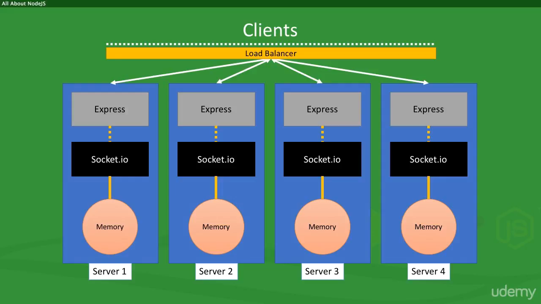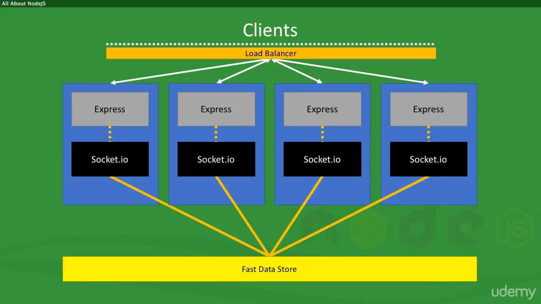This routing of messages across rooms is handled internally by SocketIO's adapter module. By default, this adapter uses the server's memory, but it can be adapted to work with a fast data store or a database where everything is universally stored. This is where Redis comes into the picture.